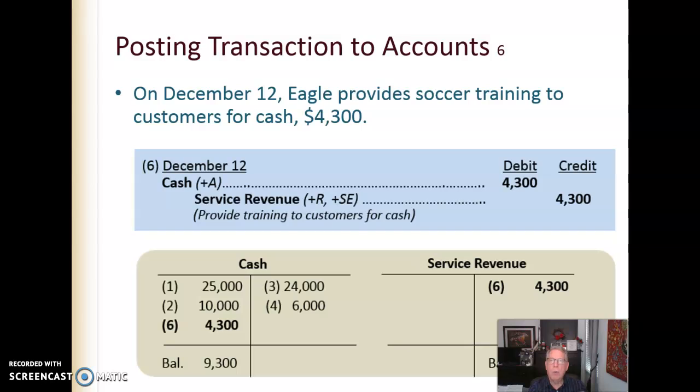Now we're going to provide our soccer training to our customers for cash this time. So the asset cash is going to go up. Cash is a current asset. Service revenue is a revenue account on the income statement. And when it comes over to the statement of retained earnings, it increases that statement of retained earnings.